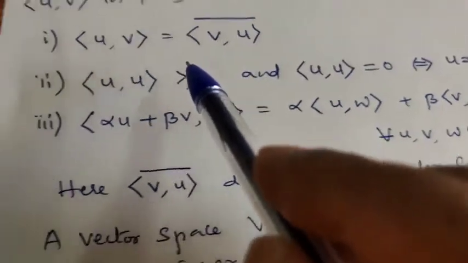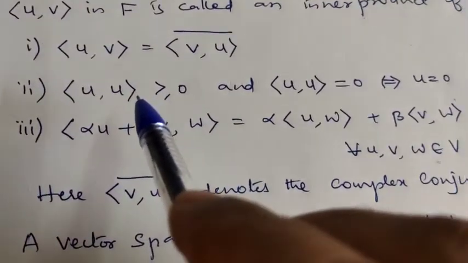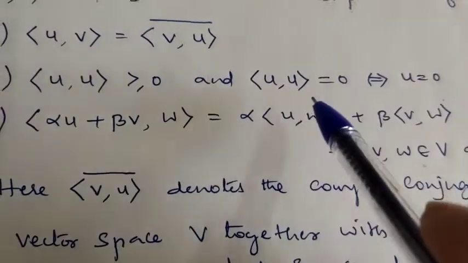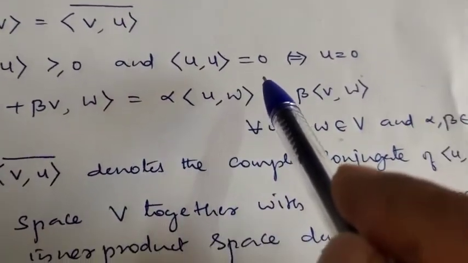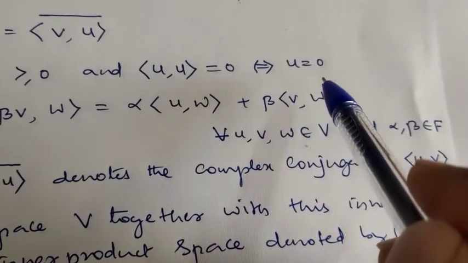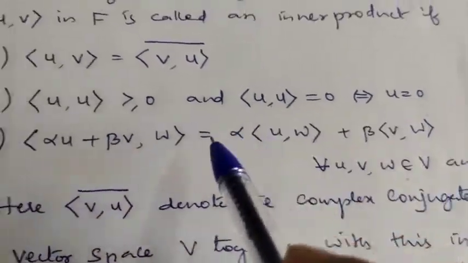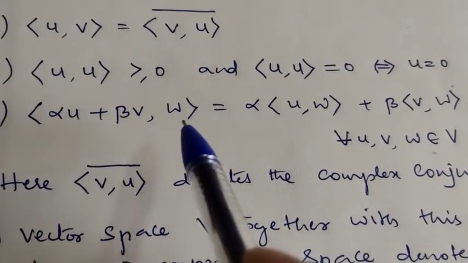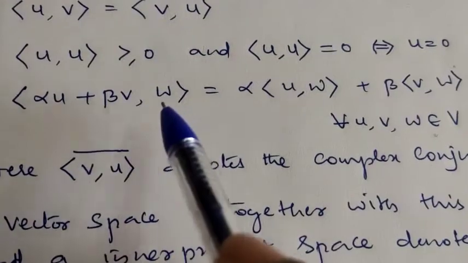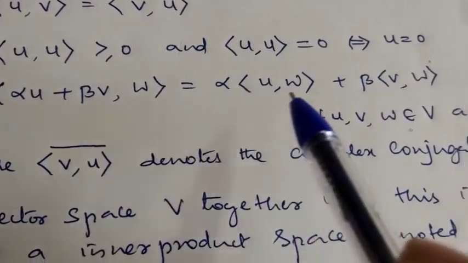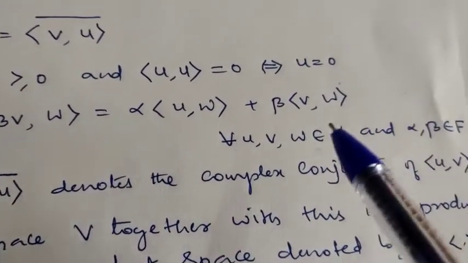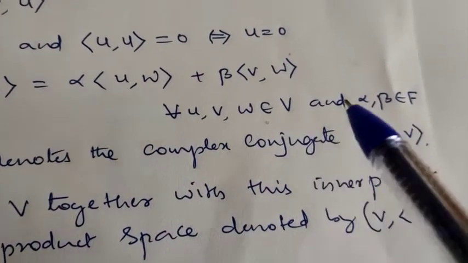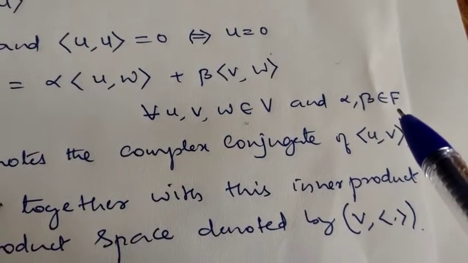Second, the inner product of U, U is non-negative, and it is 0 if and only if U itself is 0. Third, the inner product of alpha U plus beta V, W is alpha times the inner product of U, W plus beta times the inner product of V, W. This holds for every vector U, V, W in V, and alpha and beta are scalars.